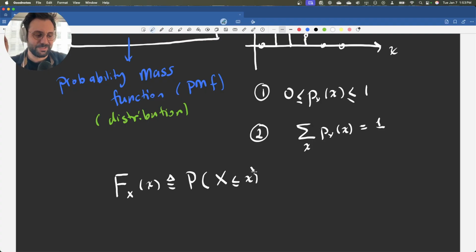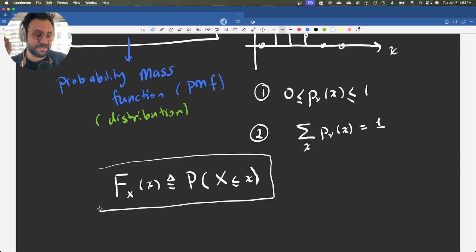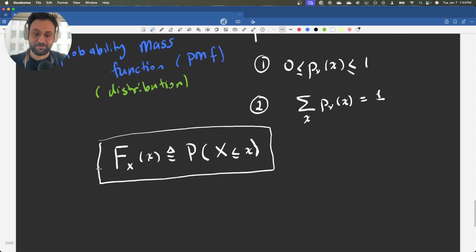So it's not only holding the value of the probability of X equals x, but also representing the probability of all of the little x's up until x. In theory, you can get F of x from P of x: F of x is nothing but the sum over all of the x's from negative infinity to x of the probability of x.